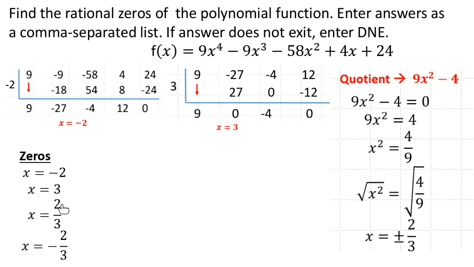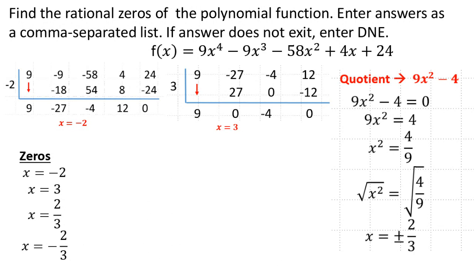So here are all my zeros listed together. So I have 4 of them. And the factors are going to be x plus 2. So remember, bring the negative over to the left side: x plus 2, x minus 3, x minus 2/3, x plus 2/3. Okay, any questions on that?